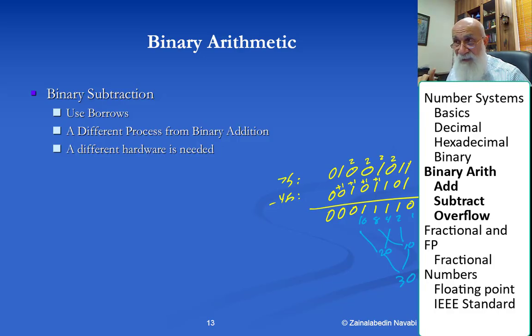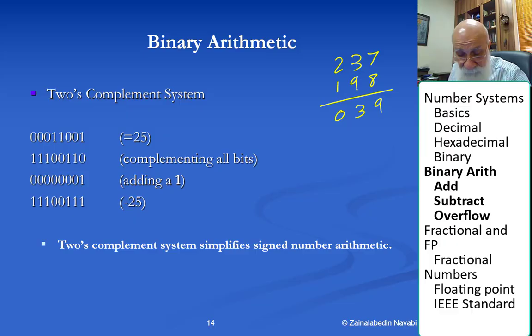The other problem is that I still haven't shown any way of representing negative numbers except sign and magnitude. What I would like is to go through the same procedure for addition and subtraction, so that if I turn it into hardware, it will be the same hardware.